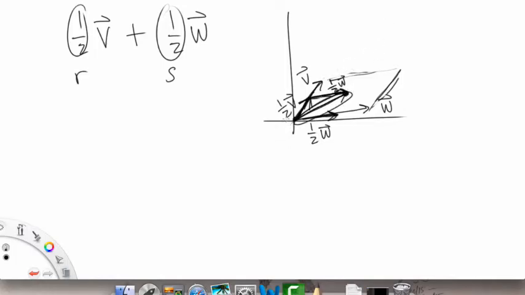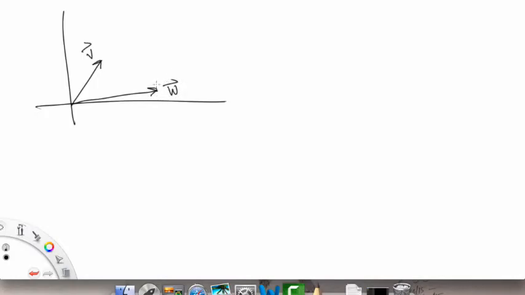So now we're going to try to extend this idea to reach a bigger conclusion. Again, we're going to start with our v and w. So here's our v, and then here's our w. Remember, when we're adding vectors, if we stick w on the top of v here, we get this, all right?